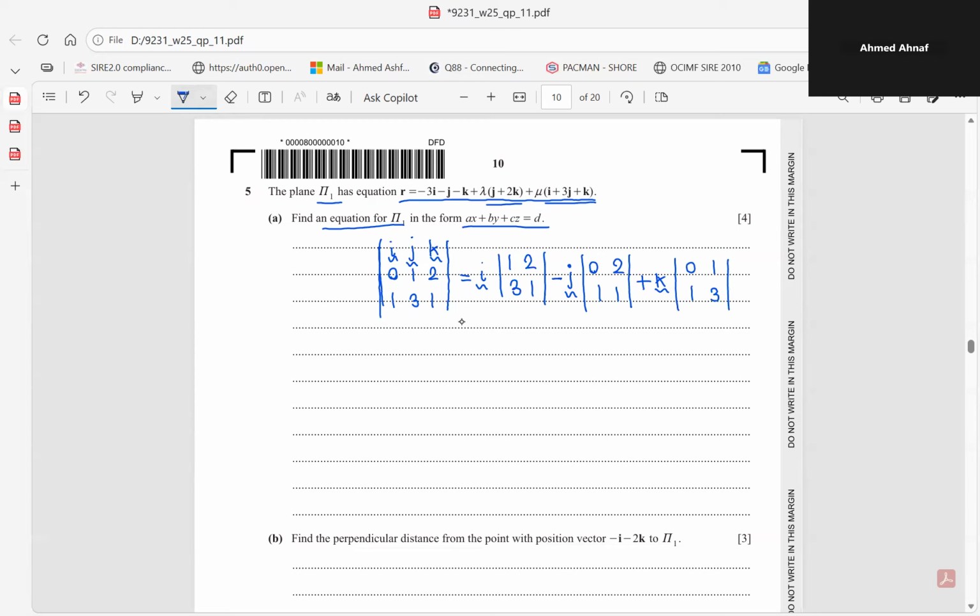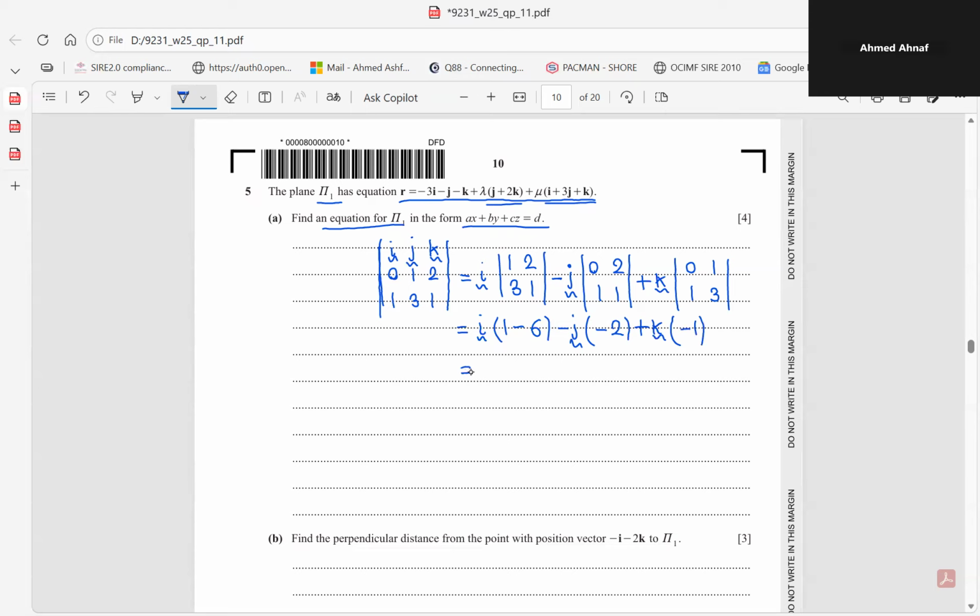So this is going to be I, 1 times 1 is 1, minus 2 times 3 is 6, minus J, 0 times 1 is 0, minus 2 times 1, that's minus 2, plus K, 0 times 3 is 0, minus 1 times 1 is minus 1.